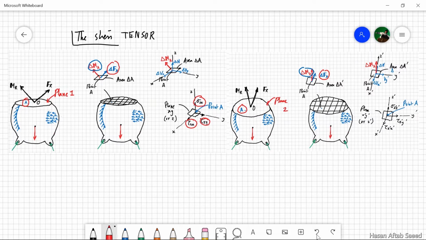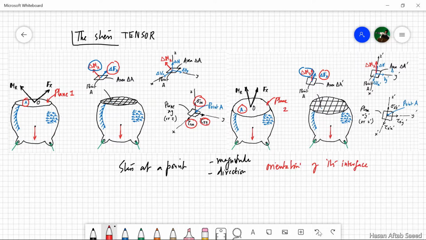Therefore, to convey complete information about stress at a point, not only its magnitude and direction, but also the orientation of the plane must be specified.